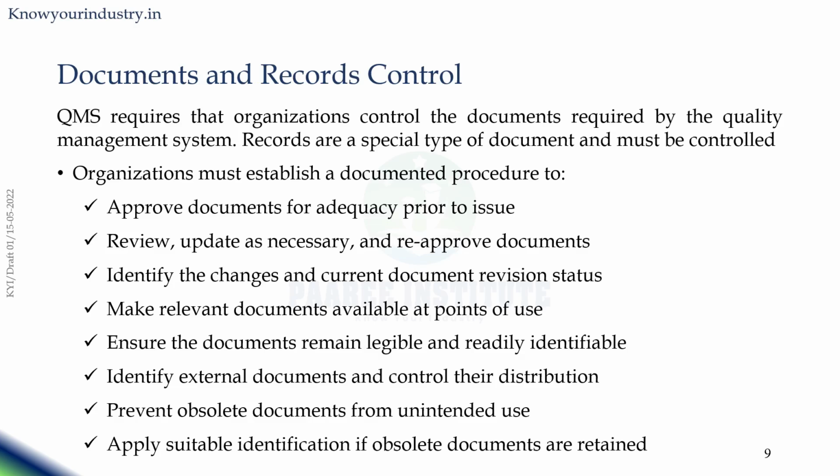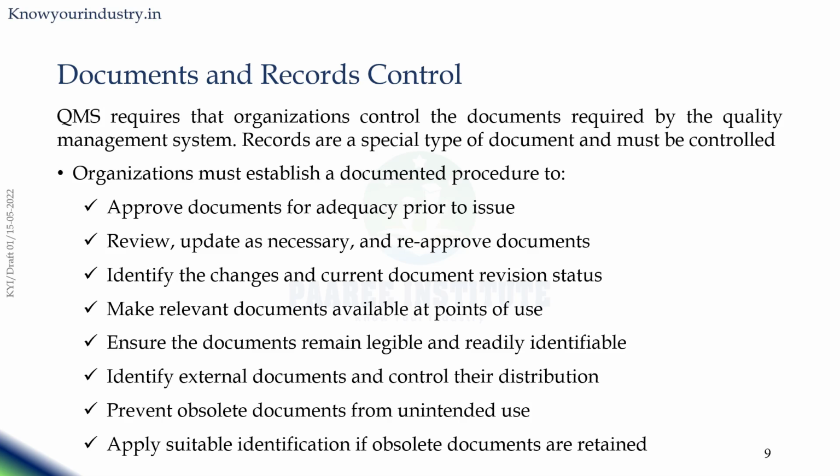The quality management system also has document and records control. So whatever data you are generating or recording, those documents and records are controlled by a systematic procedure developed by the quality management system. The quality management system requires that organizations control the documents required by the quality management system. Records are a special type of document that must be controlled.